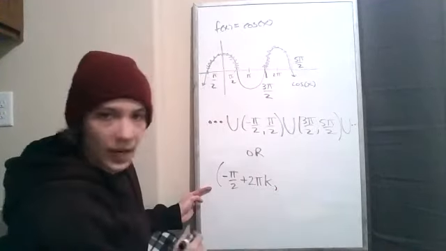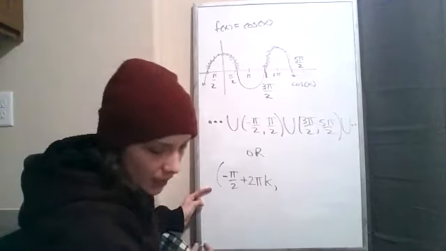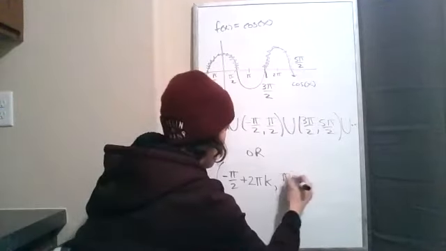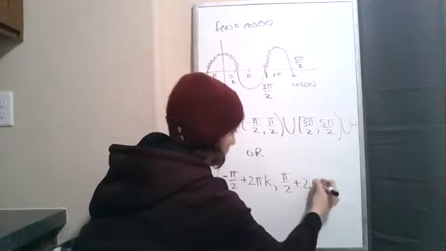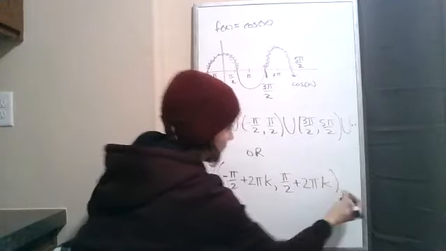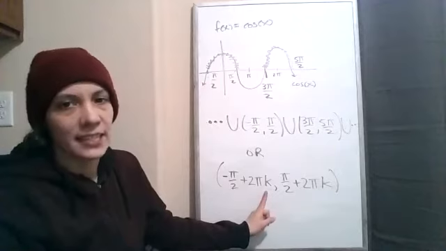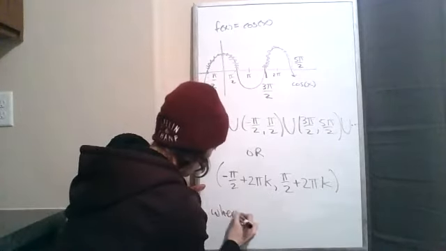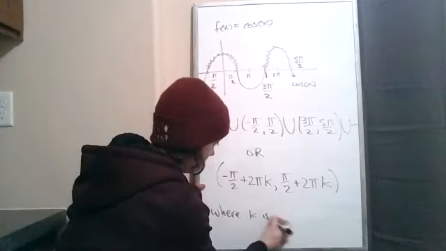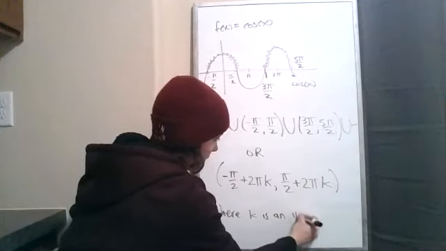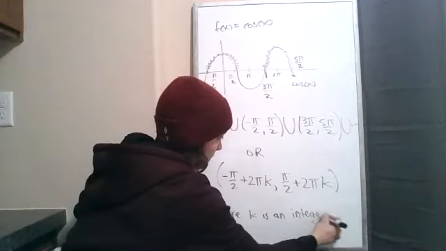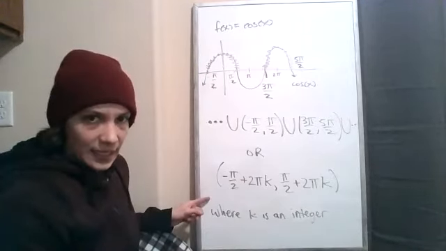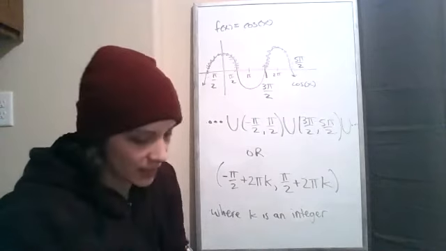And then pi over 2 plus 2 times pi times k. And k is an integer. Okay, and that's the set where h of x is continuous.